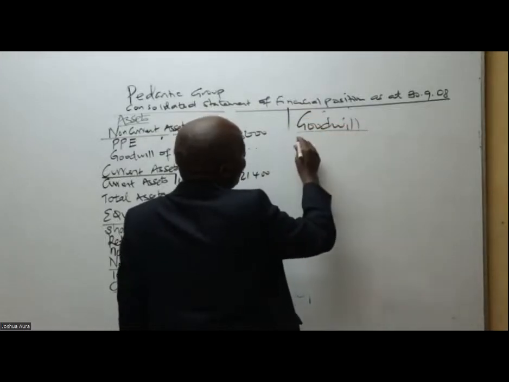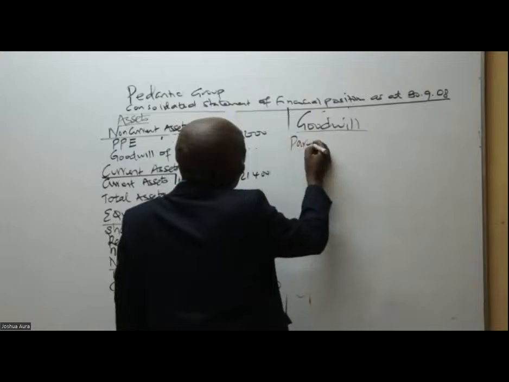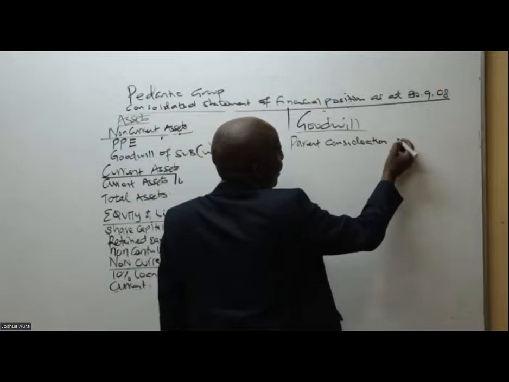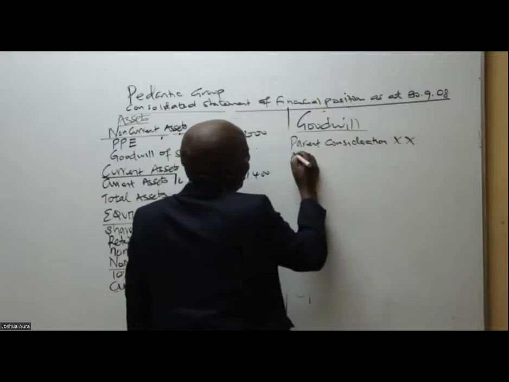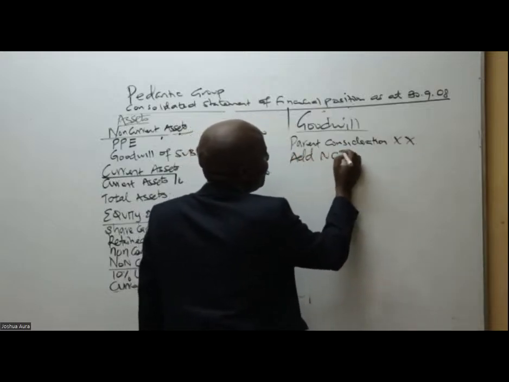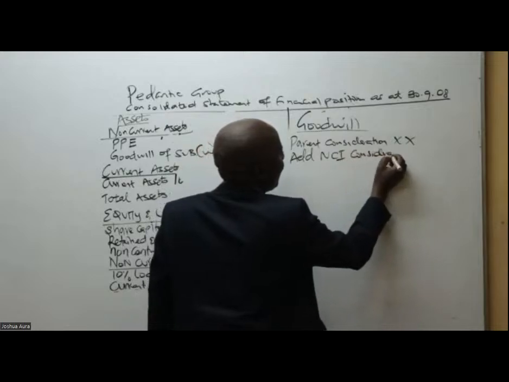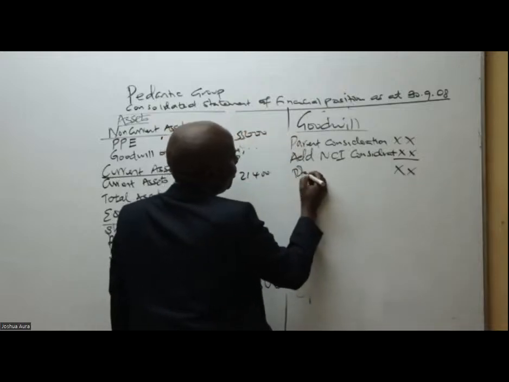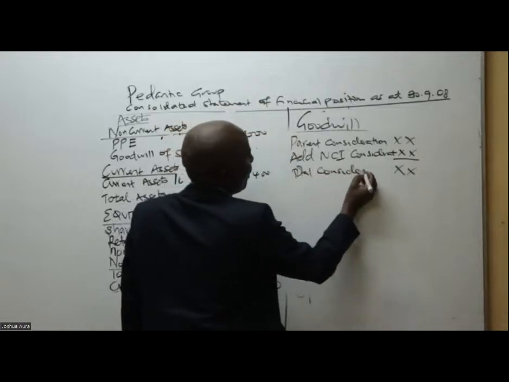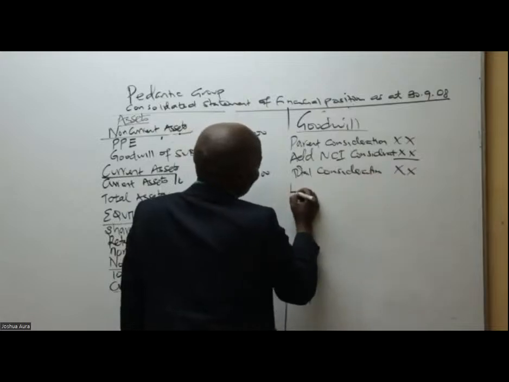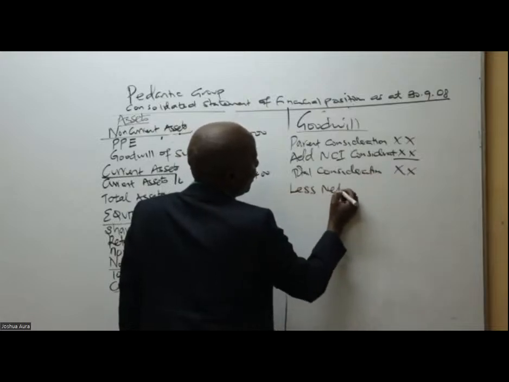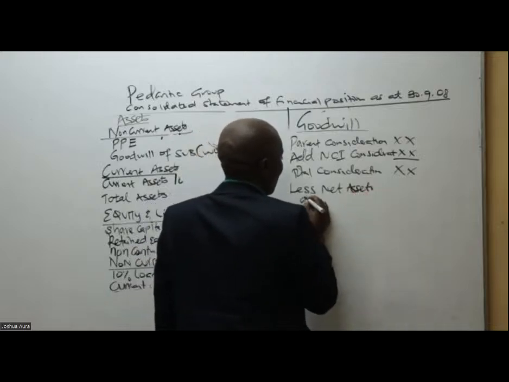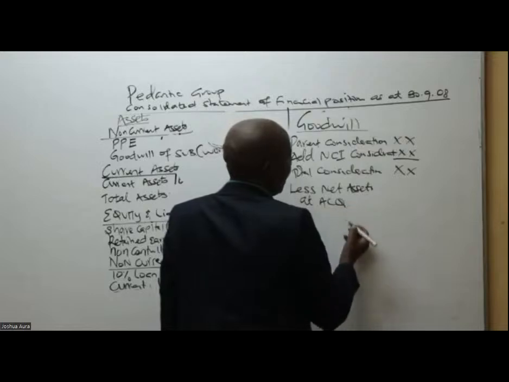To get goodwill, we normally take the parent's consideration and add the NCI's consideration. Add like that, and you get the total consideration. Then you say less net assets at acquisition, the figure that you had of 11,000.